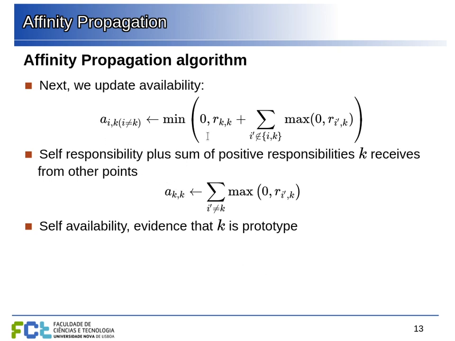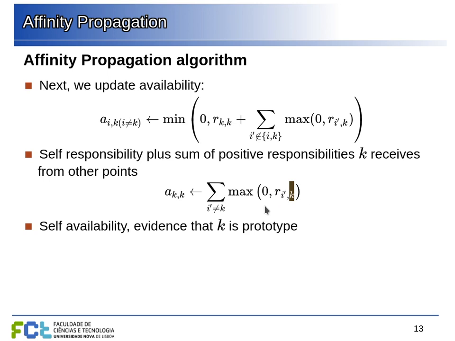So in this case, this self-responsibility will also give us the availability of the point to represent itself, and basically we are taking this availability as the maximum of the votes that this particular point is receiving.